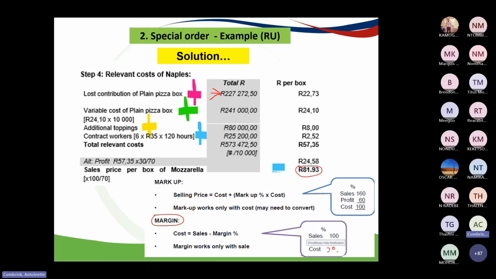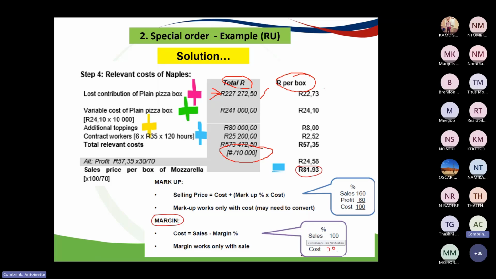If you're doing it per box or doing it per total, just make sure that you stick to what you're doing. If you're doing it in total, remember that you need to divide it at the end by 10,000 because we want to know how much you can sell a box for. So we've got our lost contribution, which is that total amount divided by the 10,000 to get to your per box.